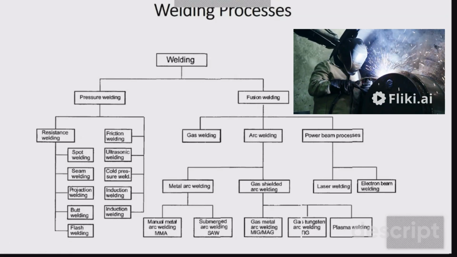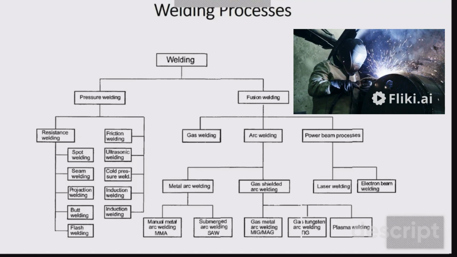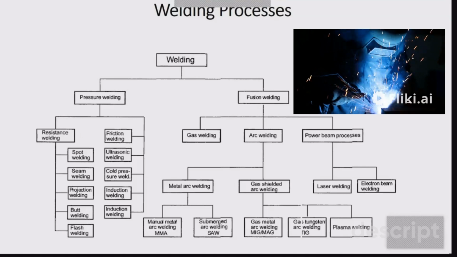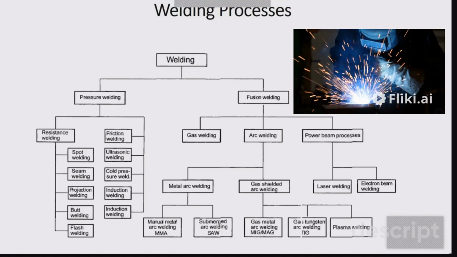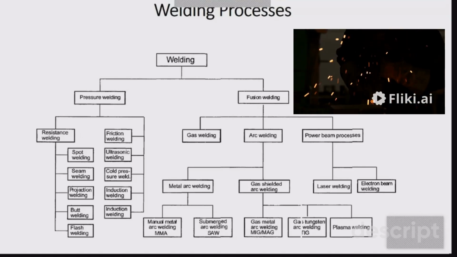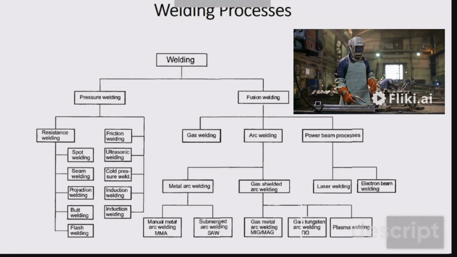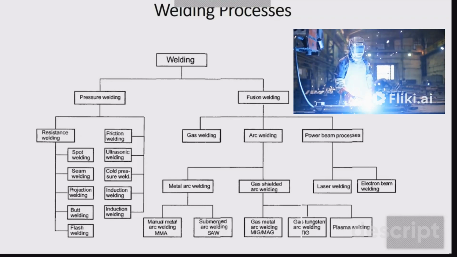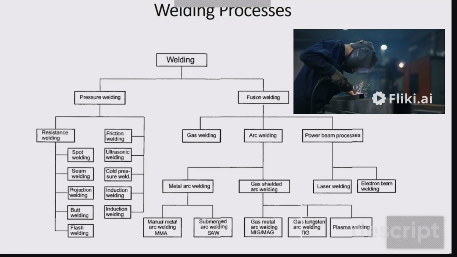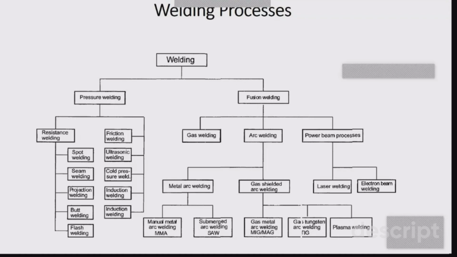In this process, we use a welding electrode, and this process is sometimes known as the stick welding process. We use either bare electrodes or sometimes coated electrodes, and with the help of a manual method, using your hands, you move this welding electrode over the workpiece, and then you apply welding current and a potential difference between the electrode and the workpiece.